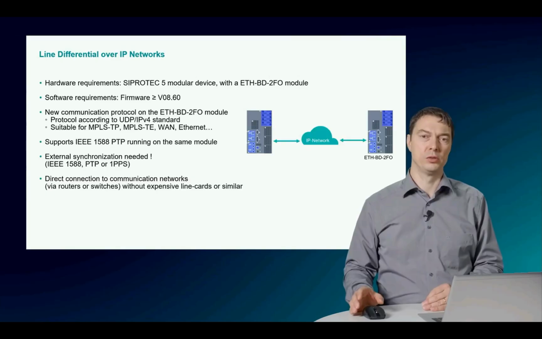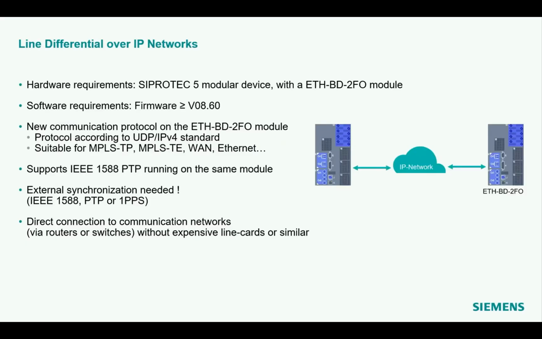A new UDP IPv4 communication protocol was implemented on the BD module to support this feature. It also supports the IEEE 1588 precision time protocol running on the same module.